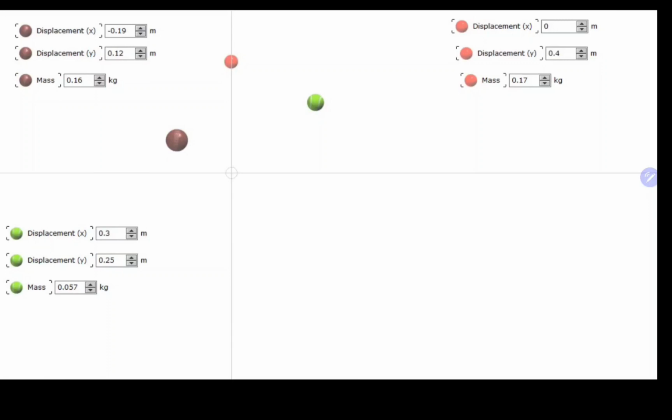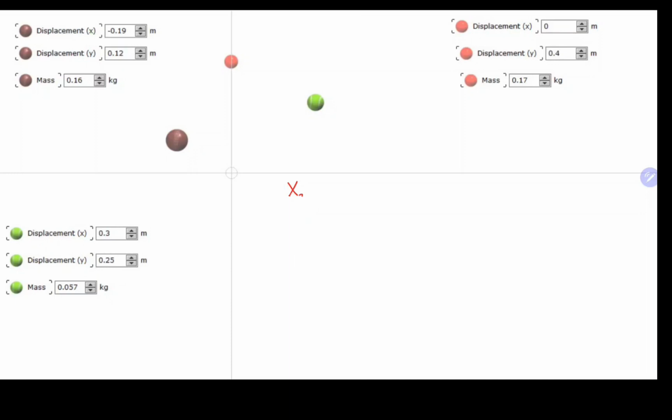Now in this situation we have three different masses. For this one the mass is 0.17, for this one it's 0.057 kilogram, and for this one it's 0.16 kilogram. Now we need to calculate the center of mass.